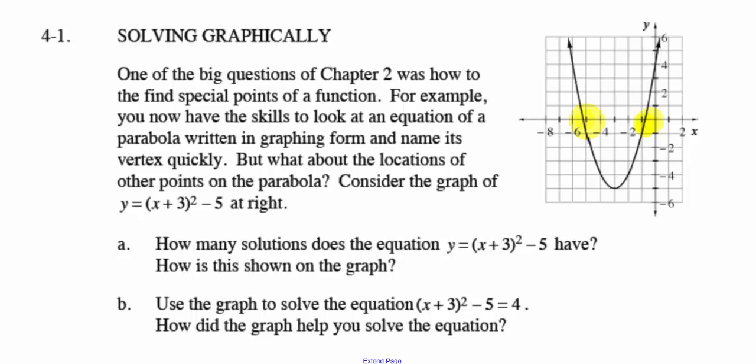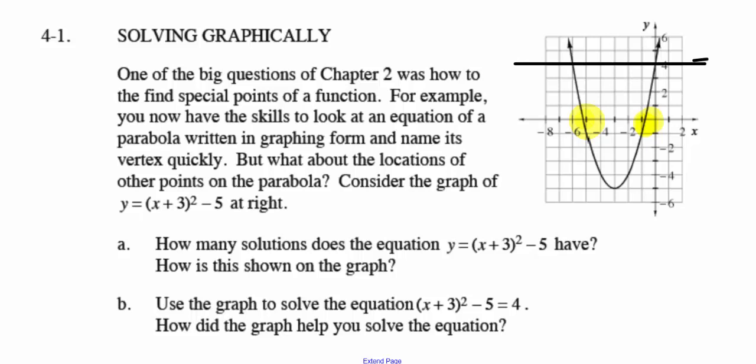So this is: use the graph to solve the equation (x plus 3) squared minus 5 equals 4. The only difference between this one and the previous one is that they plugged in 4 for y. So what we want to do here is make a line at 4. Let's draw a horizontal line at 4, right there, and look to see where it intersects.